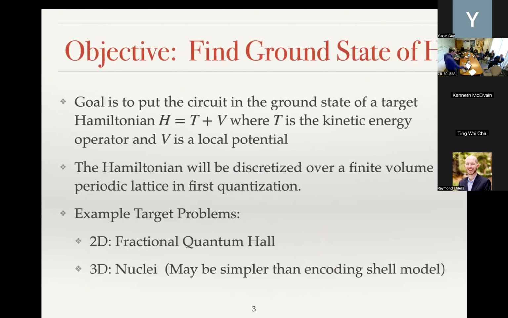All right, and as I said, our objective here is to find the ground state of our complicated H. So what I'm going to do is make it discrete over some finite-volume periodic space. Example problems are the 2D quantum Hall problem and 3D nuclei.